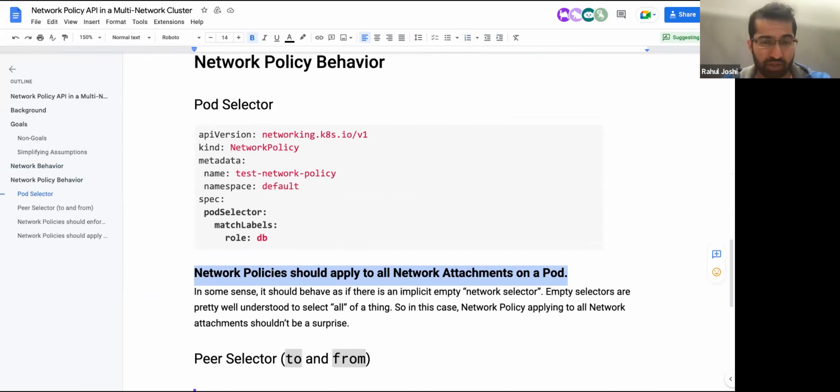Does anyone have any comments on that? I think that's reasonable. Anything else will just be a can of worms. Do we want to provide the option to specify? By default, this is a great assumption, but do we want to provide an option to specify network policy for one network attachment versus another, or one network versus another?